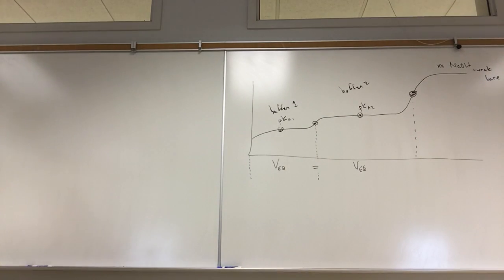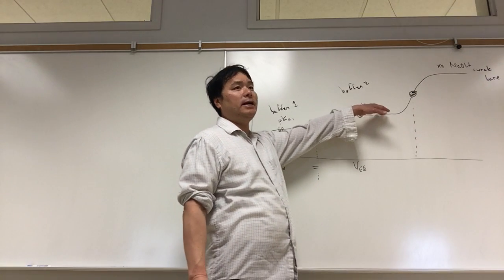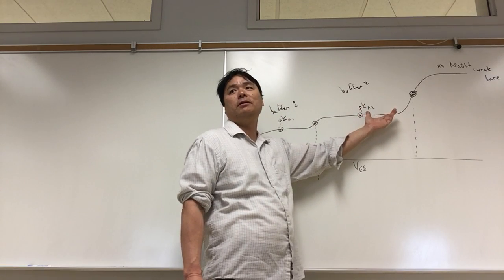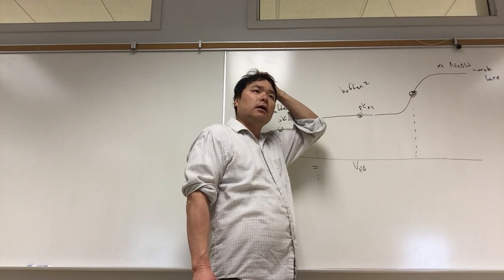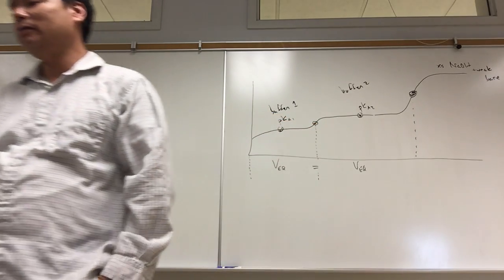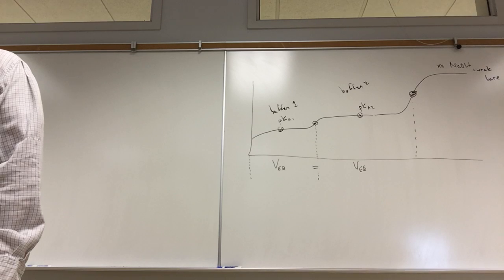Normally when we're approached with a problem, how many milliliters would it take to get to a certain pH? The first thing we have to figure out is in what region are we. That's going to be the case for both the long method and the shortcut method.